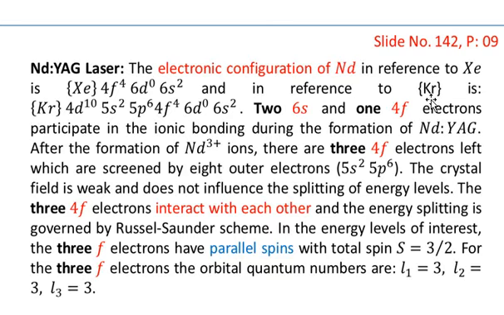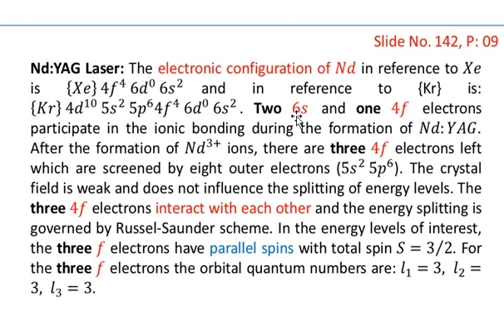In reference to krypton, it can be written as the electronic configuration of krypton, along with 4d10, 5s2, 5p6, 4f4, 6d0 and 6s2. So I have given the neodymium electronic configuration in terms of xenon and in terms of krypton.